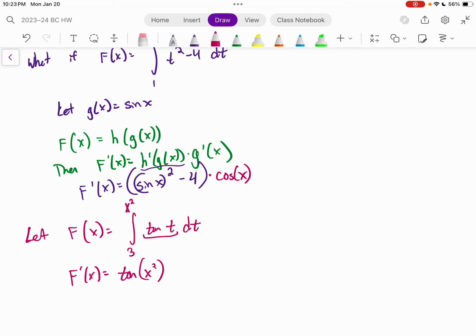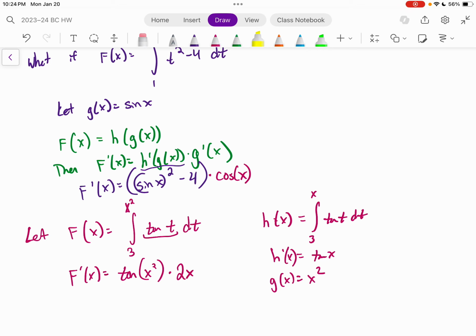Remember, that's h prime of g of x. Here h of x would be the integral from 3 to x of tan t dt, so h prime is just tan x. And my g of x is just x squared, times g prime of x, 2x.